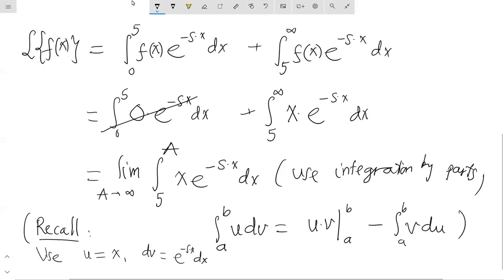Now, I use 5 because the integral begins at 5 here, 5 to a.